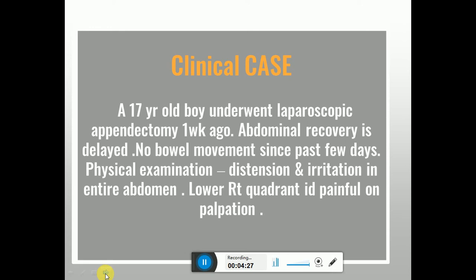We are going to opt for a simple or plain abdominal X-ray, and on that basis we are going to make the diagnosis. So for all these types of clinical cases, you should have a thorough knowledge of the normal or plain X-ray abdomen.